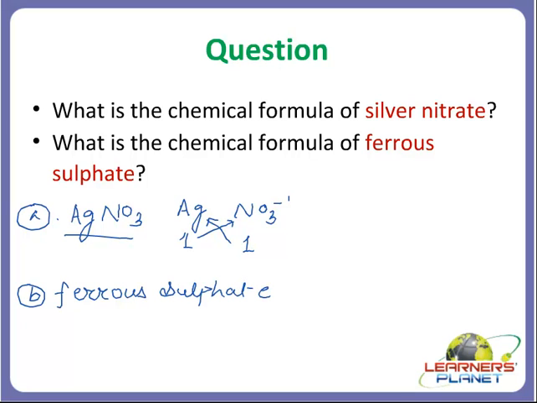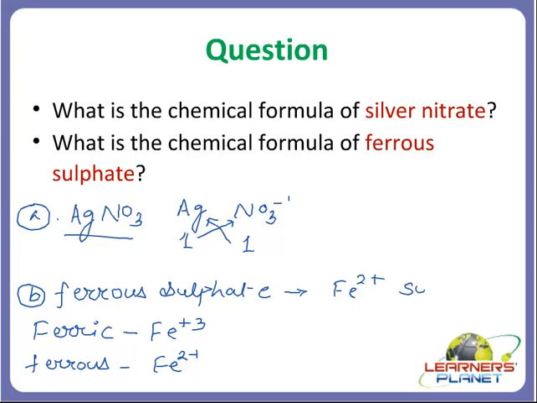Ferrous sulfate, right? Now there are two states of iron, children. One state is ferrous and the other state is ferric. Ferric has charge +3 and ferrous has +2. Always -ic is the higher one, -ous is the lower one. Now I have to write the formula of ferrous sulfate. So ferrous would be Fe2+ and sulfate is SO4 2-, right?